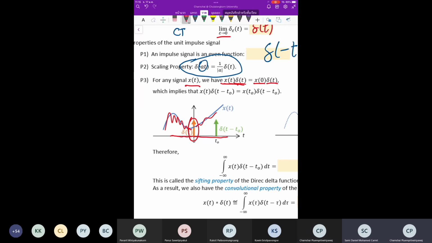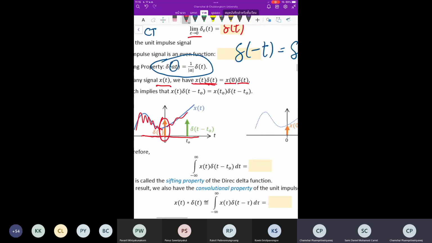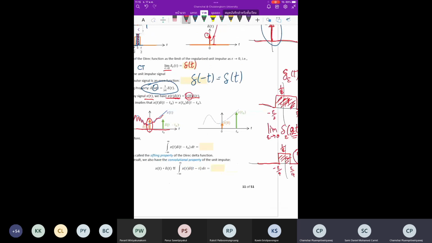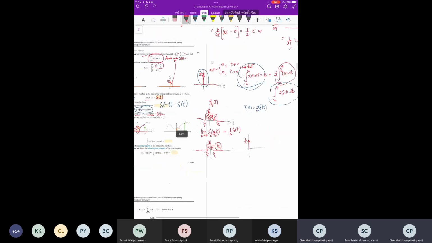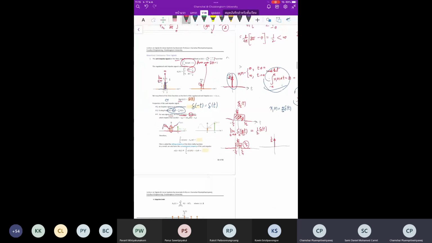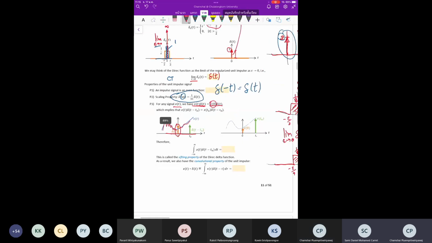In other words, you multiply with x0, but x0 is just a number now. It's just like multiplying the arrow by the number 2: it changes the length of the arrow. The length of the arrow becomes x0.